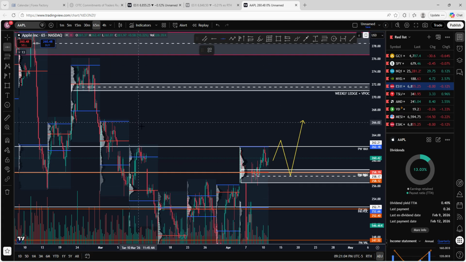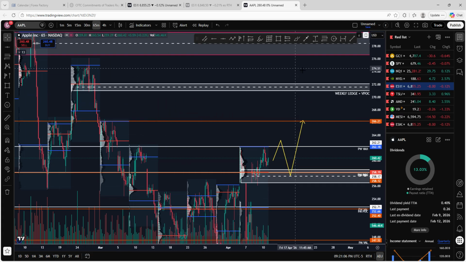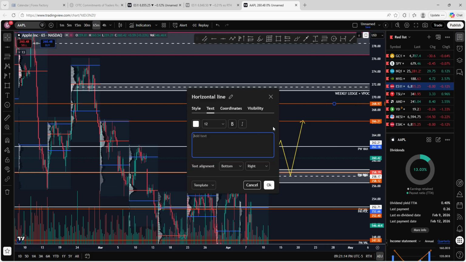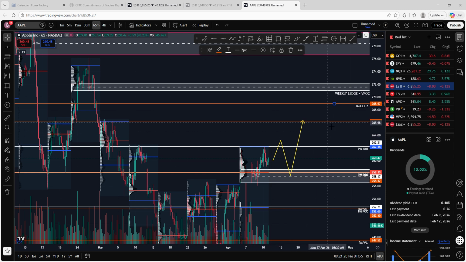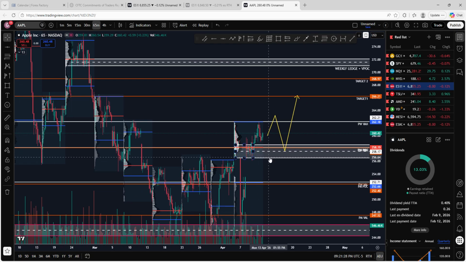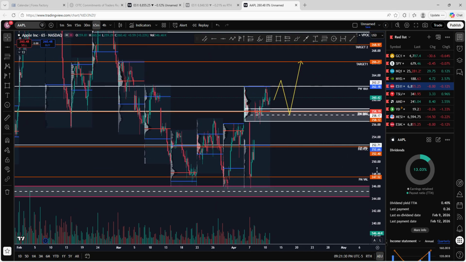On the way up, you could do target 1, you could do target 2, and target 3 would be this guy. So here you could put target 2, target 1. That's kind of what I'm seeing there.